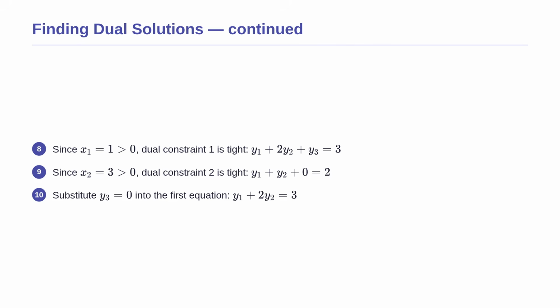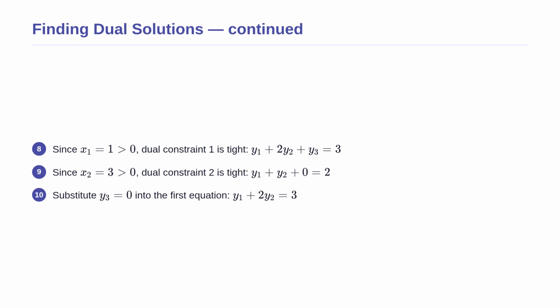Now we shift our attention to the primal variables to find the remaining dual prices. Since the optimal value for x1 is strictly greater than 0, complementary slackness dictates that its corresponding dual constraint cannot have any surplus. It must be a tight, strict equality set equal to the profit coefficient of 3. The same logic applies to x2, giving us a second tight equation.